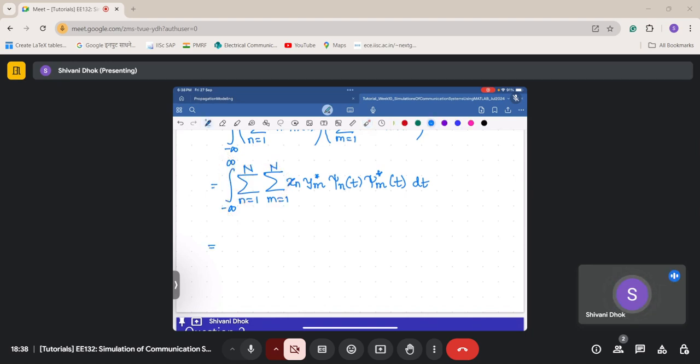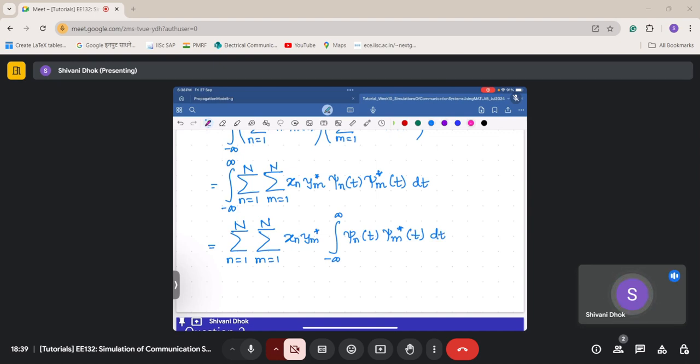So what we will get is summation n equal to 1 to capital N, summation m equal to 1 to capital N. These x_n and y_m are constants, not a function of time, so we can take them outside. So this is x_n into y_m conjugate integral from minus infinity to infinity psi_n(t) into psi_m conjugate of t dt.